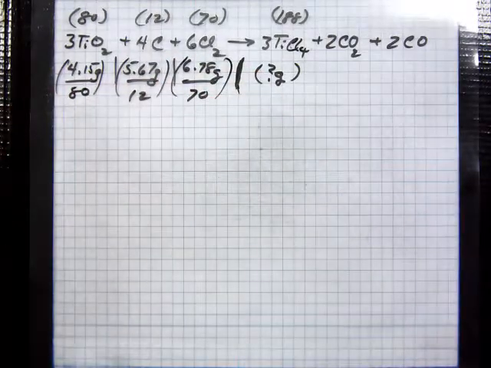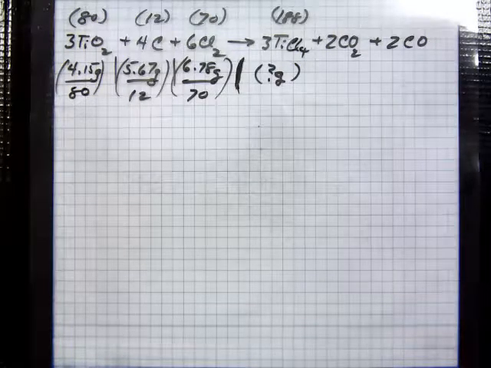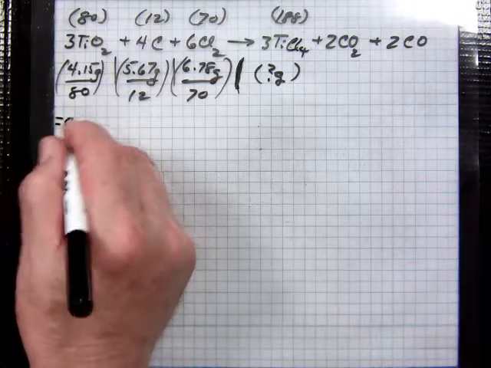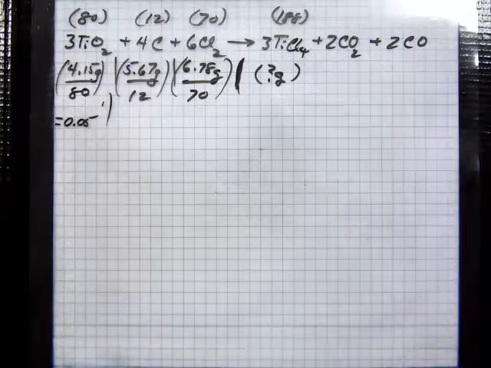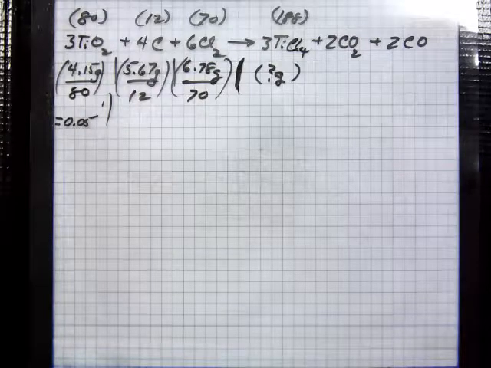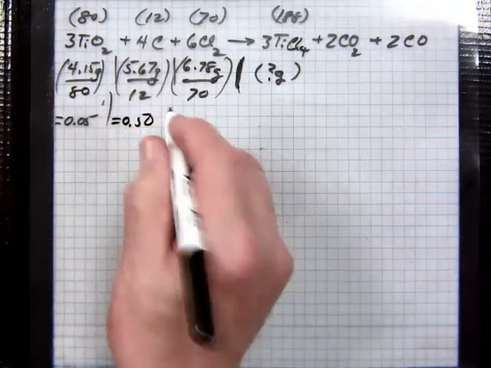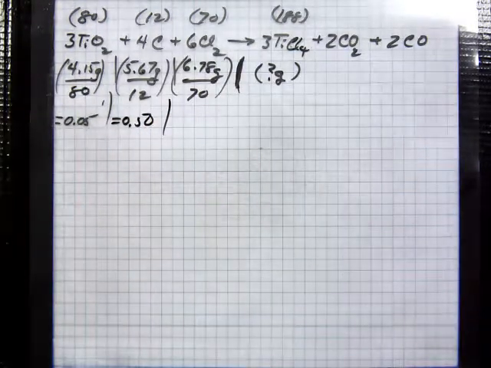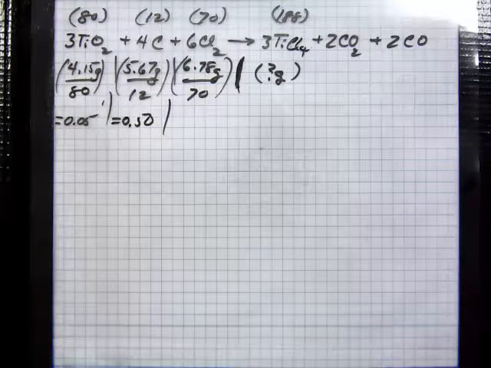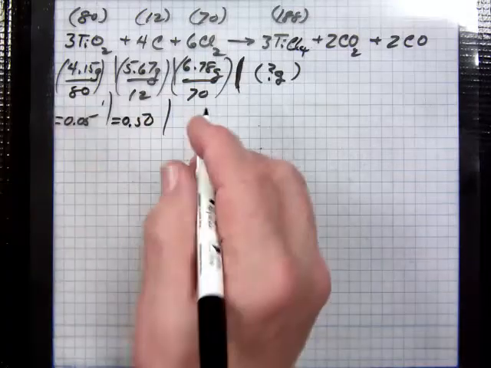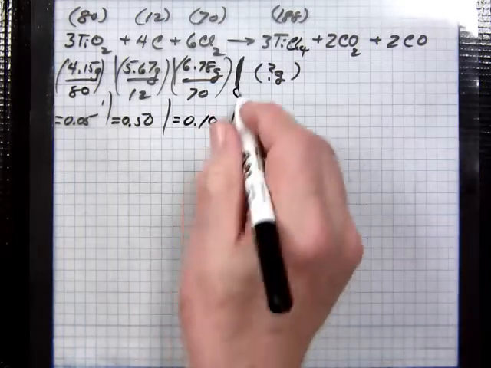Minimize by leaving units off sometimes. Okay, 0.05, 0.50, and make it 0.10 rounded to that, okay?